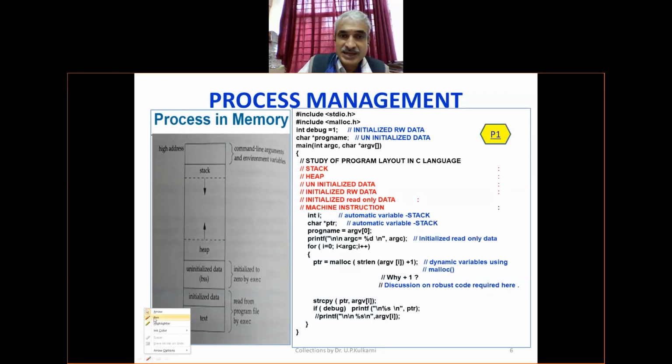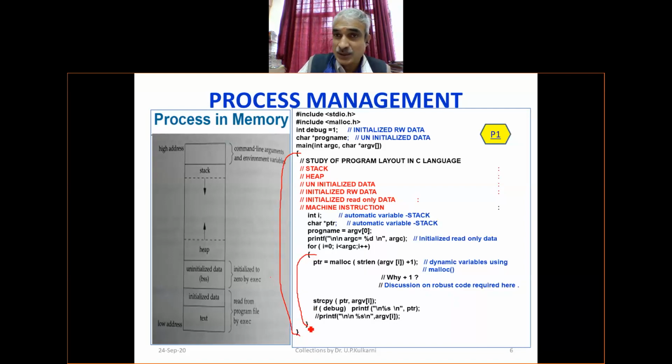This is an opening flower bracket and this is a closing flower bracket. And for the for loop, this is the opening flower bracket and this is the closing flower bracket. Any open and close we call a block. So this variable I is declared inside this particular block.